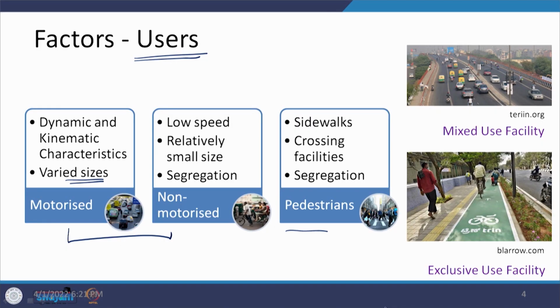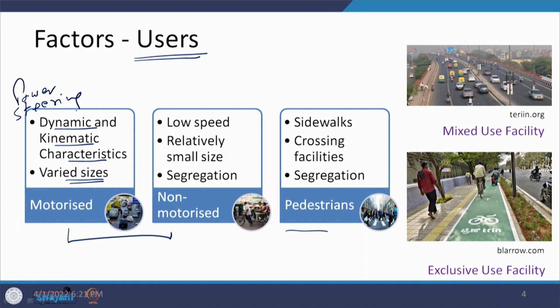So, when you have these different vehicles, what makes a difference is their dynamic and kinematic characteristics. What is the amount of power with which these vehicles are moving? What type of steering is there in these vehicles?